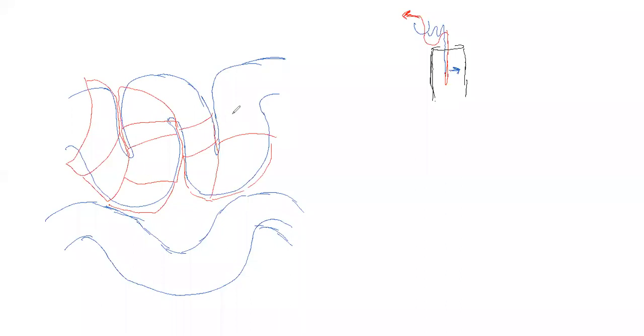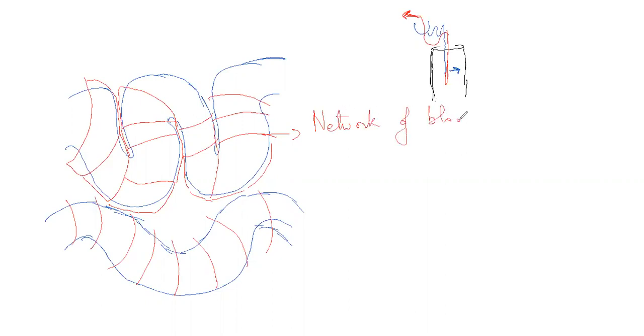This forms a dense network. This dense network is formed around DCT as well. This network of blood vessels is known as peritubular network.